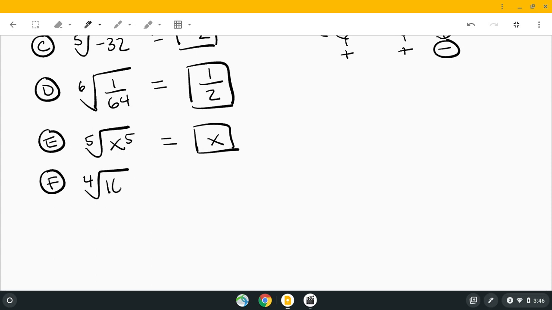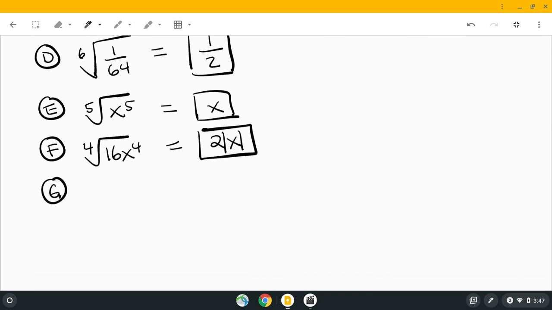Fourth root, 16 x to the fourth. Okay. So fourth root of 16 is 2. And then we have x. Do we need absolute value here? Yes or no? Yes. What about this one?